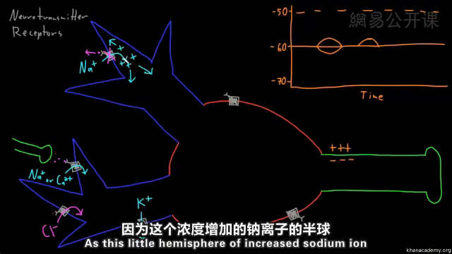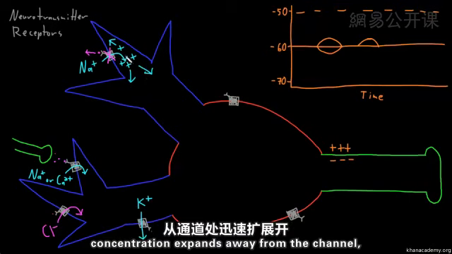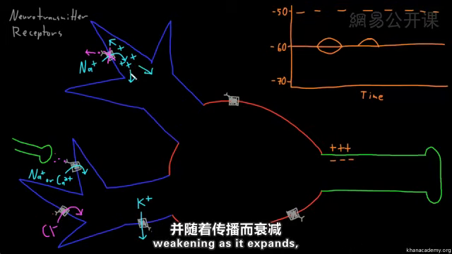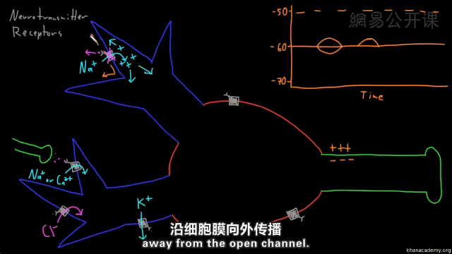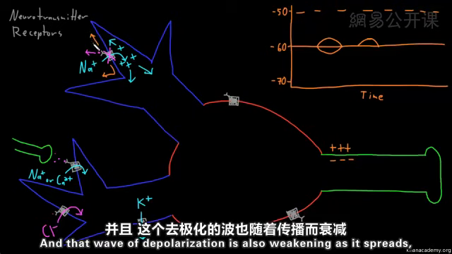As this little hemisphere of increased sodium ion concentration expands away from the channel, weakening as it expands, a wave of depolarization starts spreading across the membrane away from the open channel. And that wave of depolarization is also weakening as it spreads.